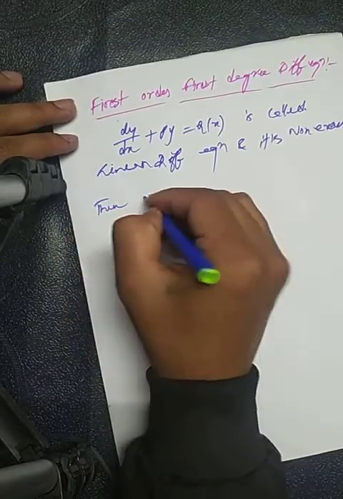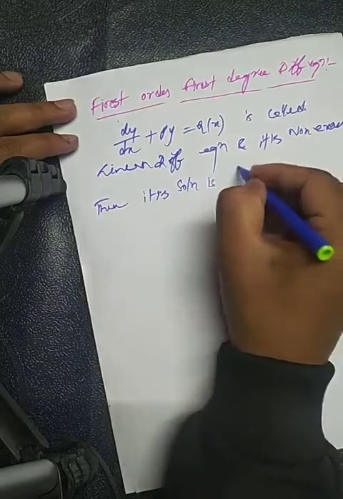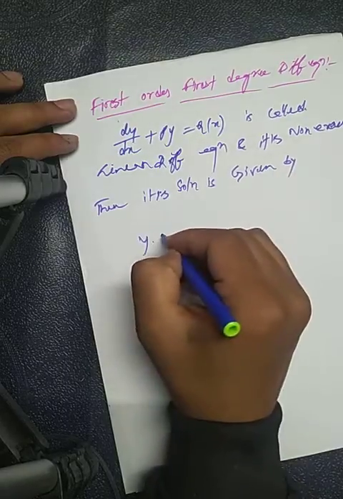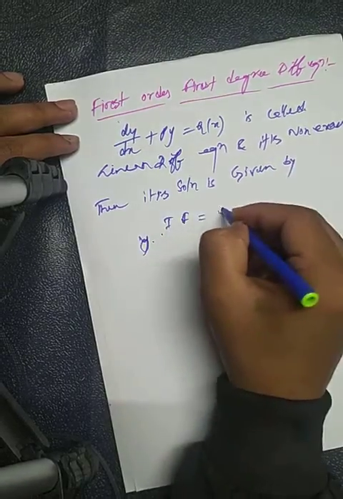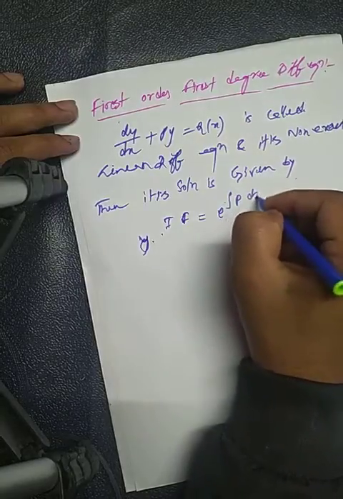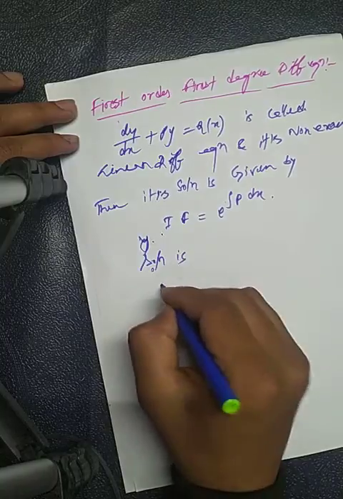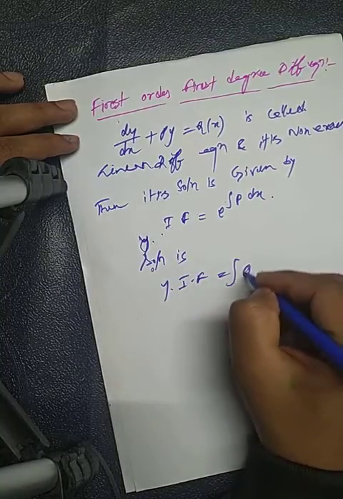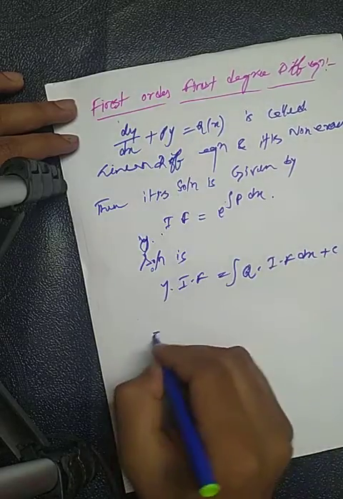Then its solution is given by: the integrating factor is e to the power integration P dx, and the solution is y times the integrating factor equals integration of Q times the integrating factor dx plus c.